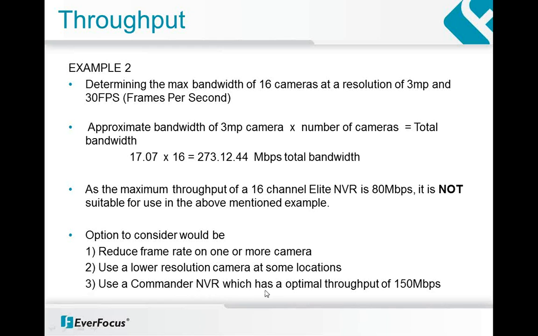Or you can upgrade to the Commander series and use the full resolution and the full frames per second throughout all 16 cameras. By utilizing the Commander, you're going to get approximately 150 megabits per second all the way up to 250 megabits per second if you're using both network cards in the unit.